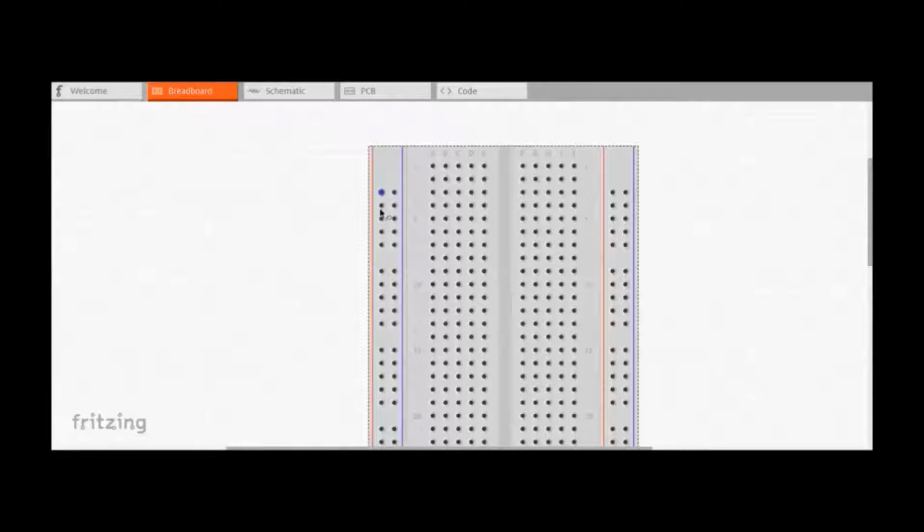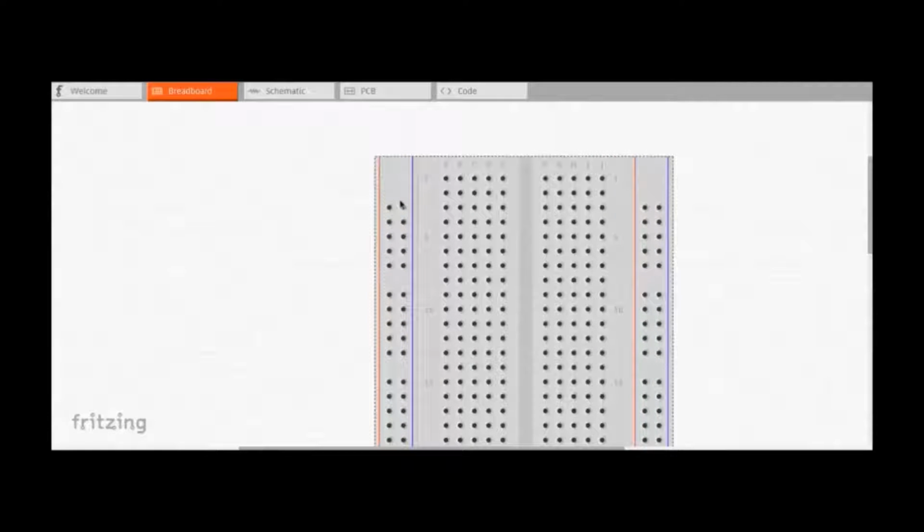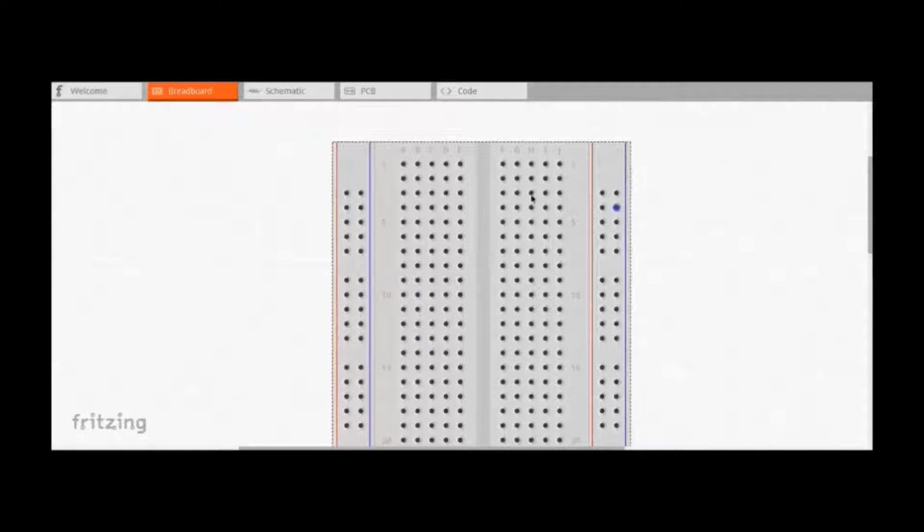This is the positive rail and this is the negative rail, so we attach our positive pin here and our negative pin here. The same is true on this side: these are our positive rails which connect all the way down, and these are negative rails which connect all the way down.